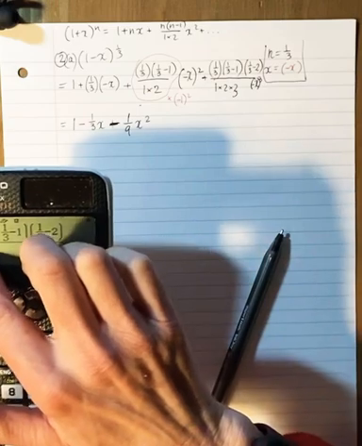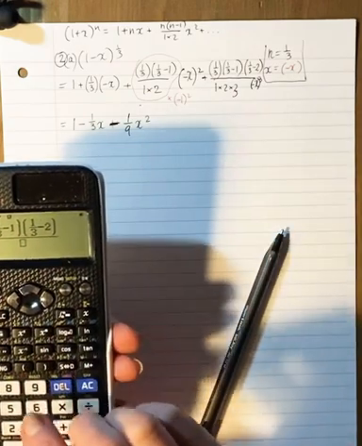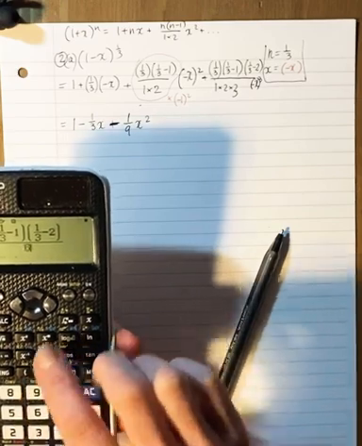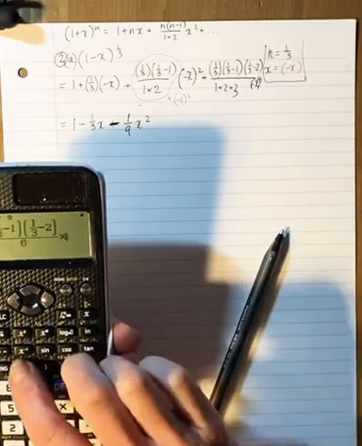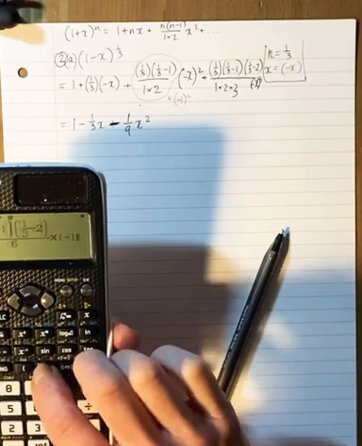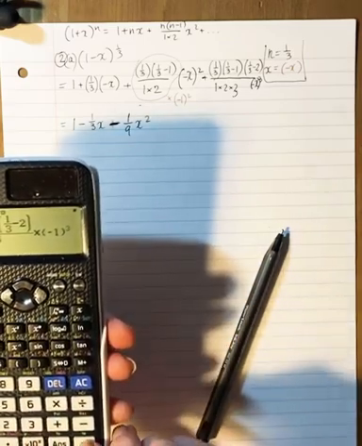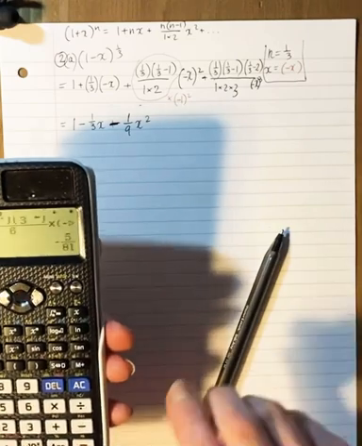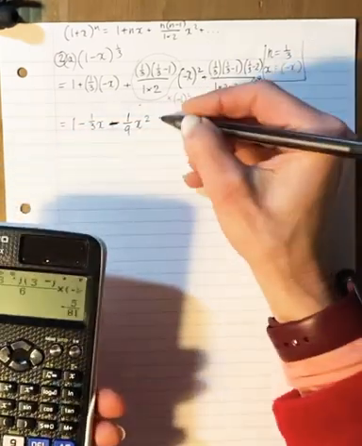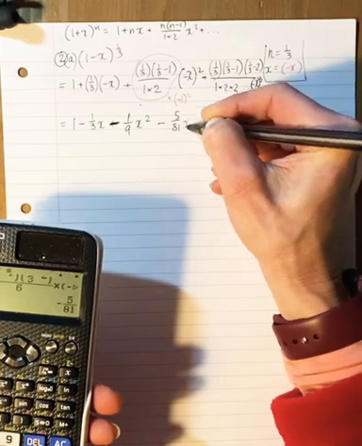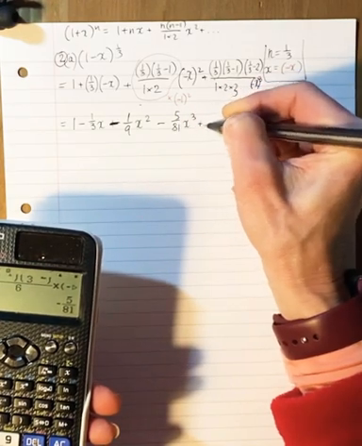It moved the 1/3 in the bottom, but it will still be correct, over 3 factorial, which is 6, and then multiplied by minus 1 to the power of 3. Close the brackets after minus 1, so it's minus 5/81 x cubed.